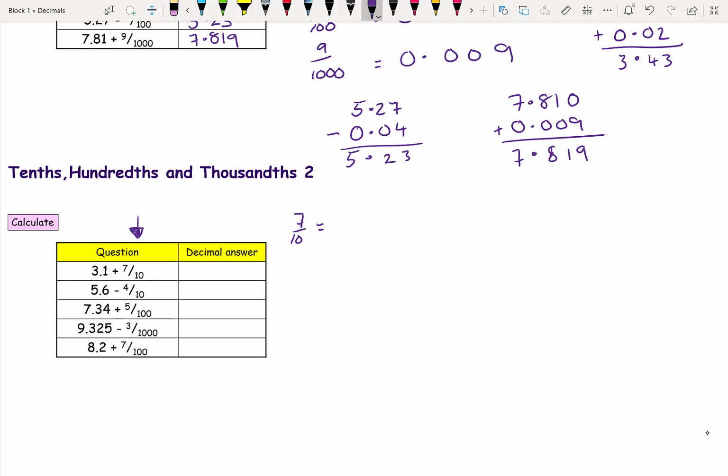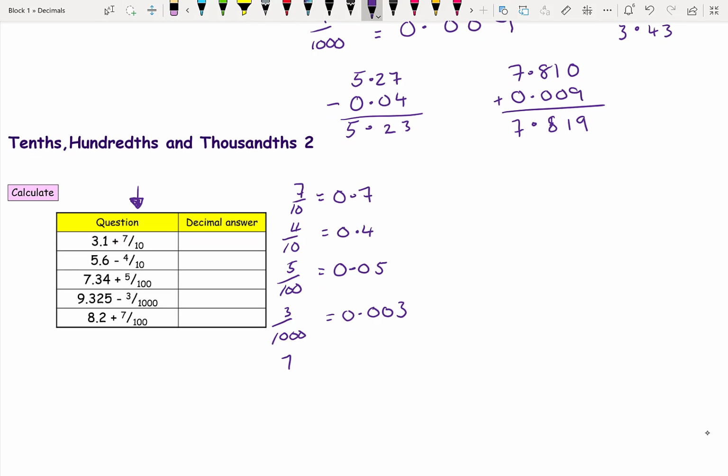So 7 tenths is 0.7. 4 tenths, that's what I've got there, is 0.4. 5 hundredths is 0.05. 3 thousandths is going to be 0.003. And then finally, 7 hundredths is 0.07.